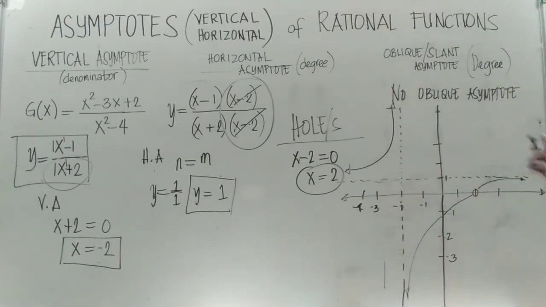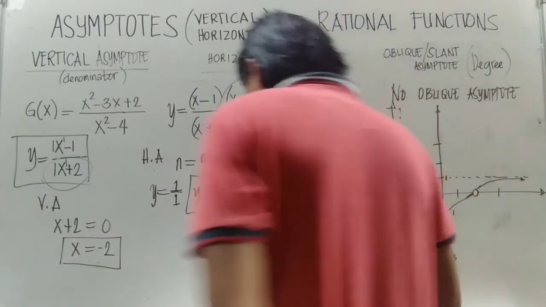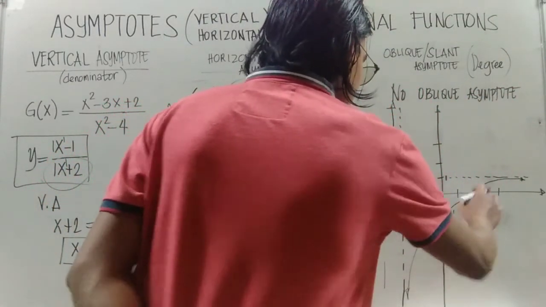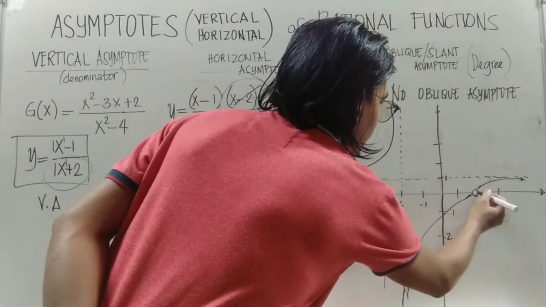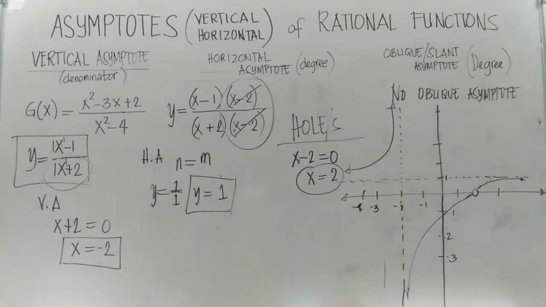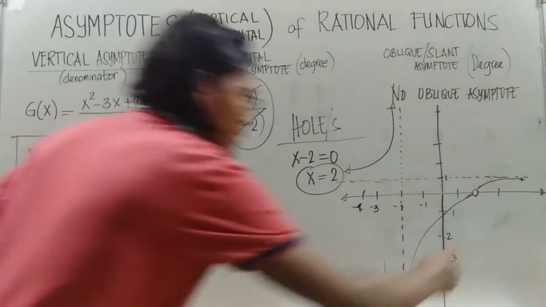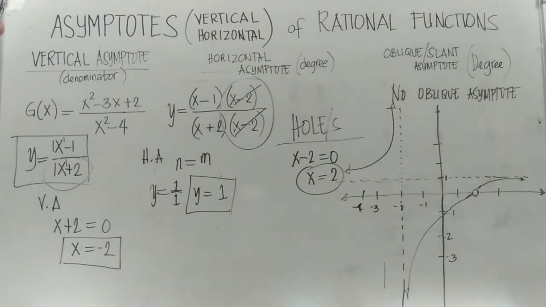It's not the exact graph, but it will look like this, and at x equals positive 2, we have discontinuity. So this is the hole of your rational function.